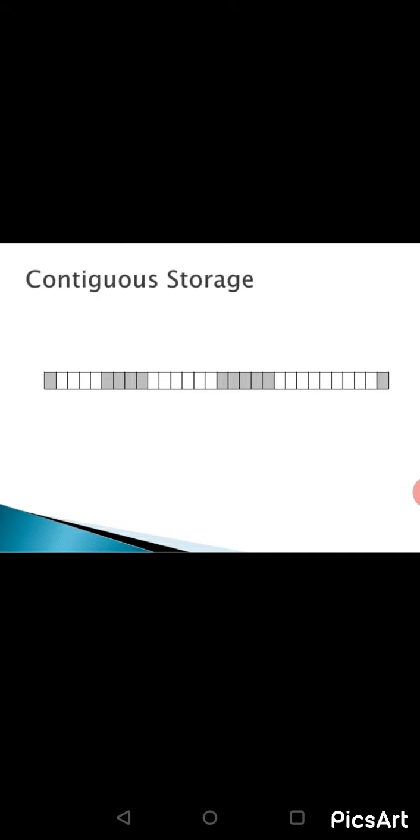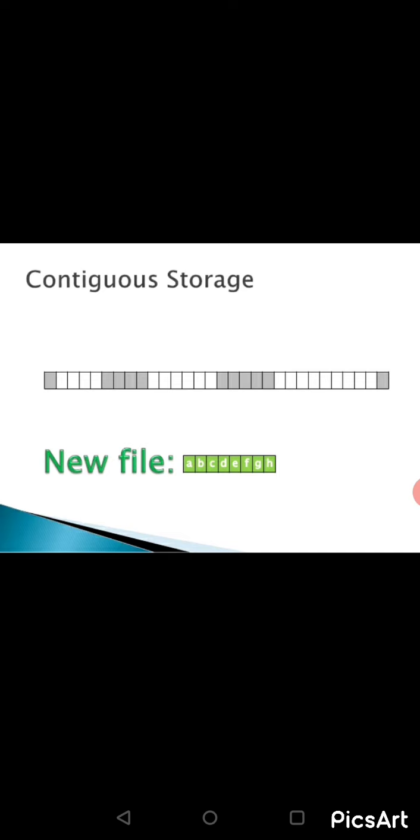Okay, see here, contiguous storage. I already told you what free blocks are. So here the free blocks are in white, and allocated blocks are filled, means filled blocks are allocated, and some blocks are free blocks. So suppose your file contains these parts, that is A, B, C, D, E, F, G. This is a record of your file.